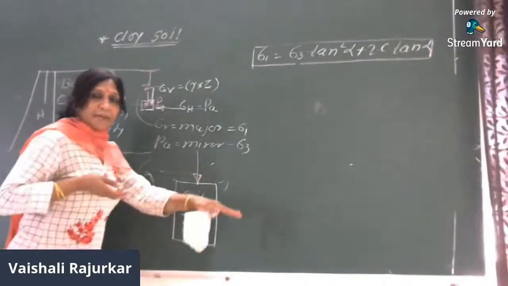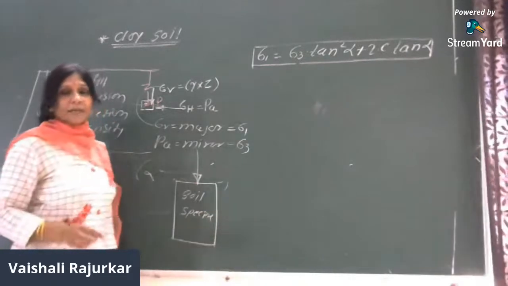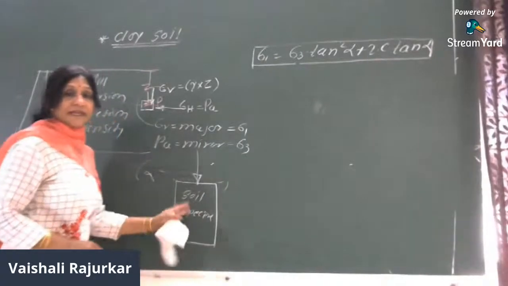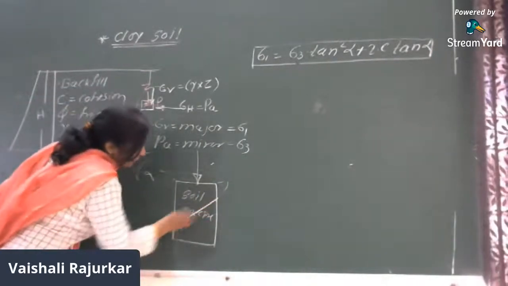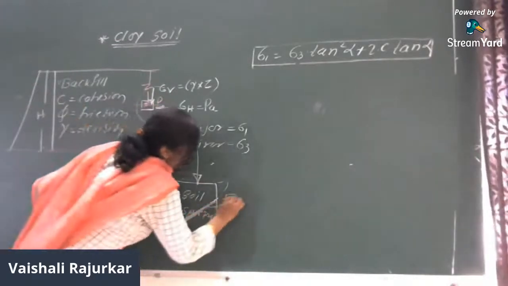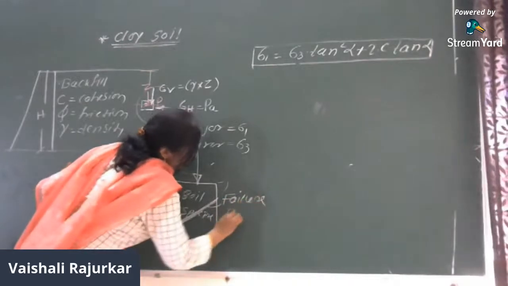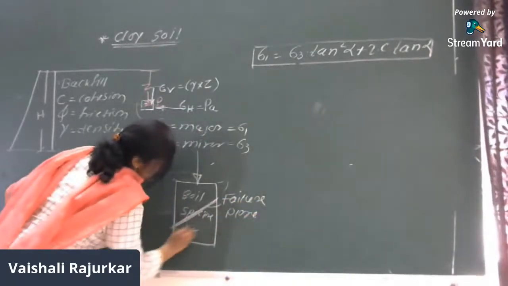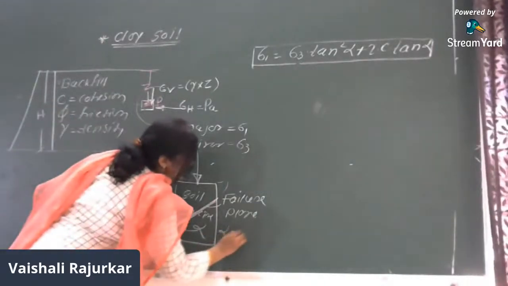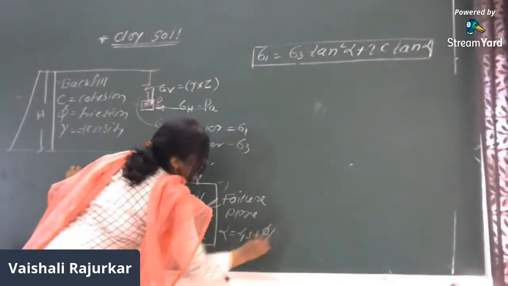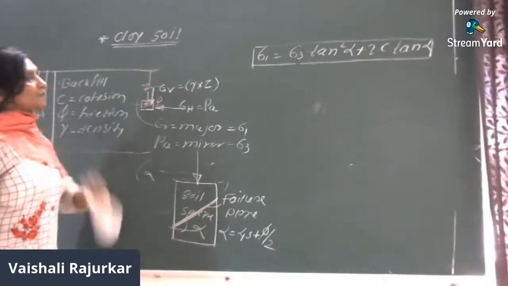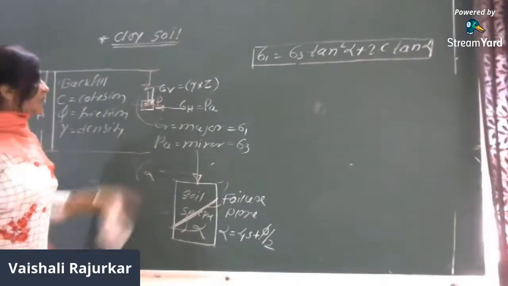The failure takes place through a weaker plane, and in clay soil the failure plane is like this. Suppose this is the failure plane, then this will be alpha. Alpha is the angle made by the failure plane, and alpha is equal to 45 plus phi by 2. So that alpha we will take into consideration.